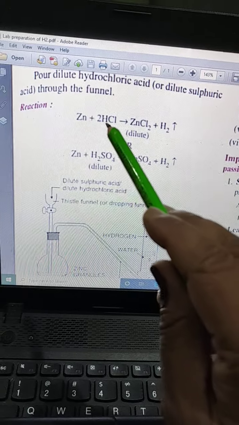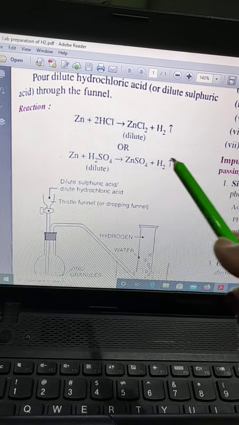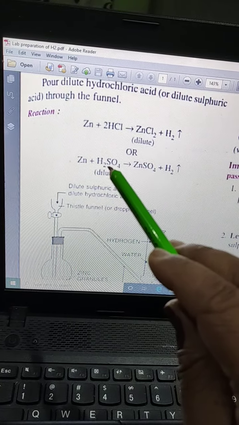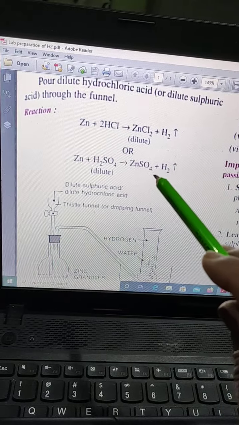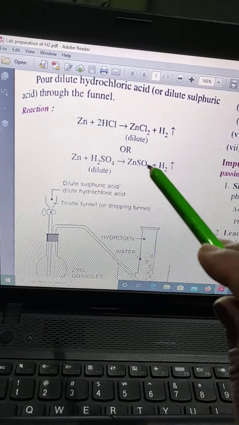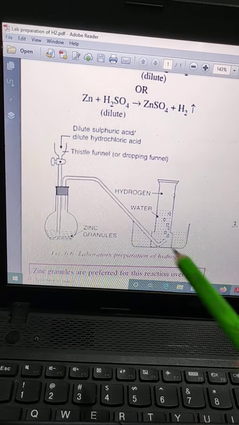Say, for example, if you take HCl, then zinc reacts with HCl to give you zinc chloride plus hydrogen gas. Or instead of HCl, you can also use sulfuric acid, which will form zinc sulfate plus hydrogen. So in this reaction, hydrogen gas is produced in the round bottom flask.